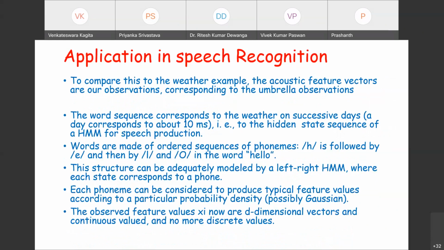And maybe one day corresponds to about 10 milliseconds here. And the hidden state sequence of hidden Markov models is for speech production. Words can also be represented as a sequence of phonemes, like hello can be represented as H followed by E, then L and O. So this can also be modeled using a left-right hidden Markov model.